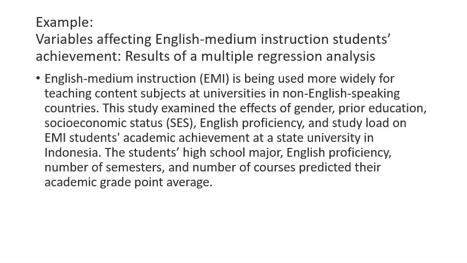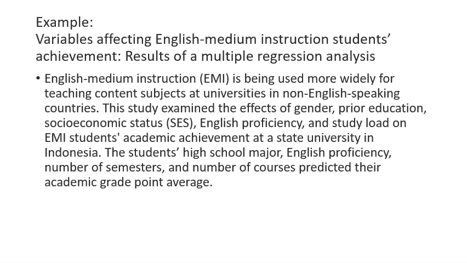So here's an example. This is from an abstract that I took out to give you an example. Variables affecting English medium instruction students' achievement: results of a multiple regression analysis.